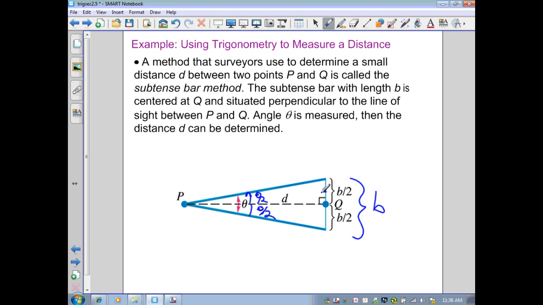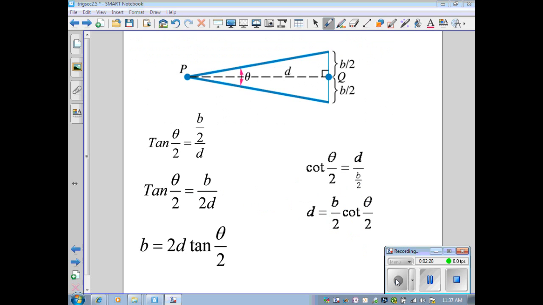So we have two congruent segments, two congruent angles, but the main key is that I have a right triangle. That gives us another method of using right triangle trigonometry to find solutions of either theta, B, or D. Let's look at the next slide.